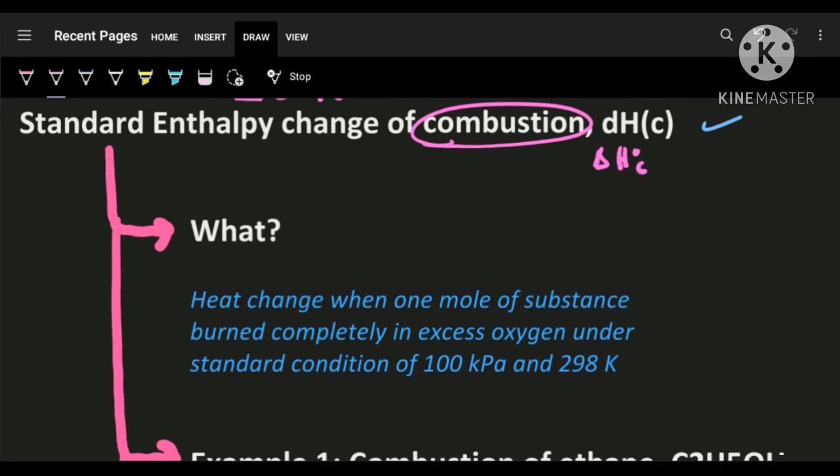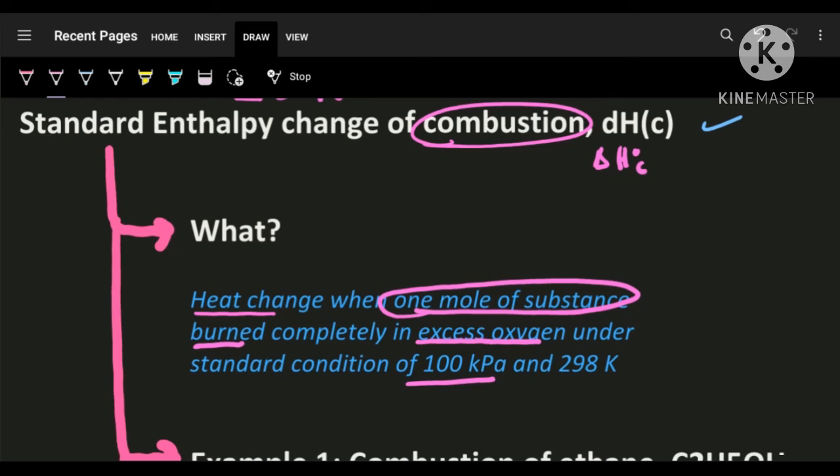From the definition, standard enthalpy change of combustion is the heat change when 1 mole of substance burns completely in excess oxygen under standard conditions of 100 kilopascal and 298 Kelvin. So any chemical equation that involves combustion is also called standard enthalpy change of combustion.